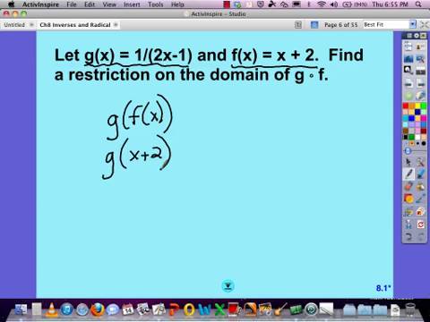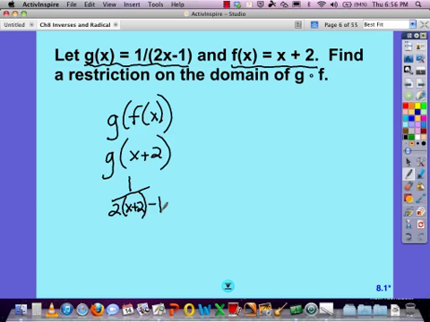Now, for g of x plus 2, let's put it into the rule. We have 1 over 2 times our variable, which is our number that we just assessed, x plus 2, and then we have to subtract 1 from that. That's all in our denominator.